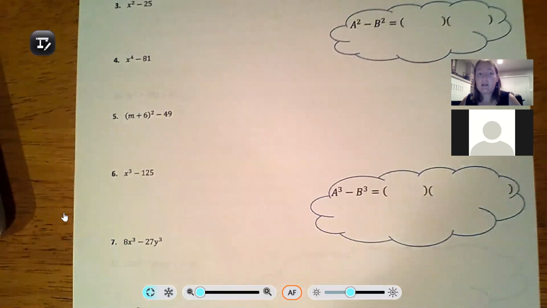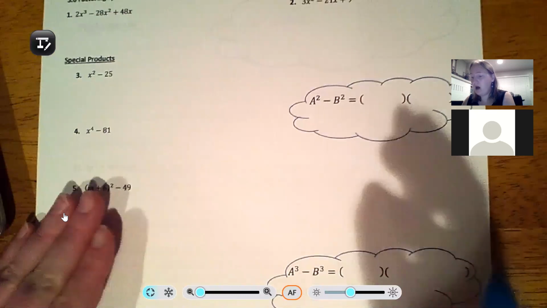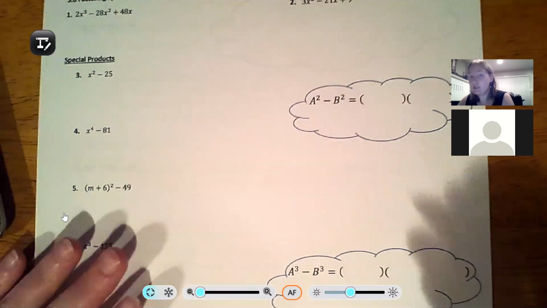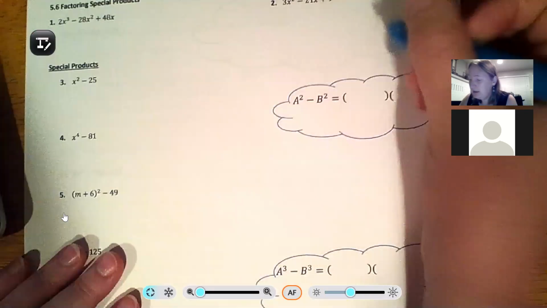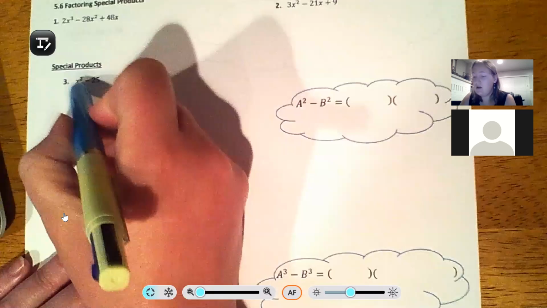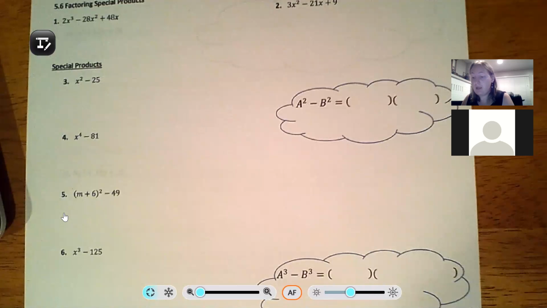the special products. The main one we're going to be dealing with is difference of squares. It's going to show up a lot. Basically, in order for that middle term to cancel out, to have no x's, the O and the I of FOIL need to cancel out.